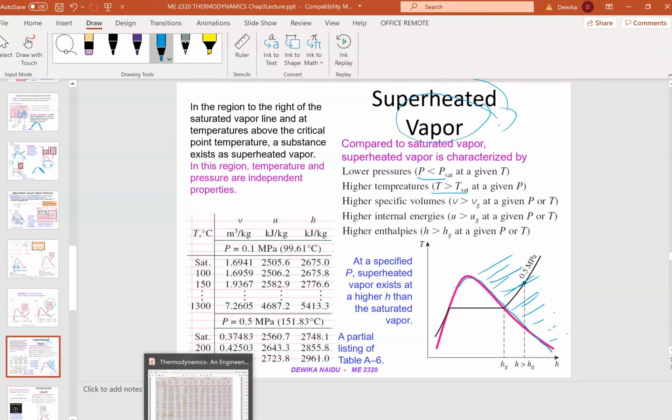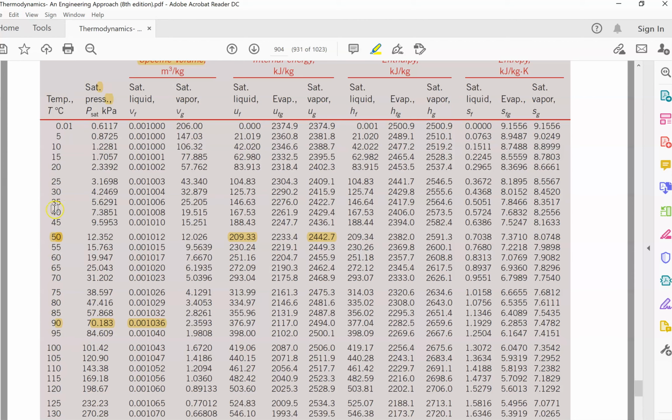So I'm going to repeat the question. At 25 degrees, if I have a pressure of 40 kilopascal, it means it is compressed liquid. It is not superheated vapor. But at 25, if I have a value of 1 kilopascal, it means it is superheated vapor.